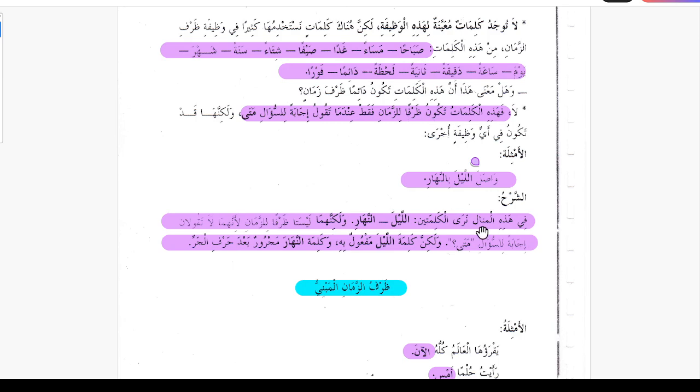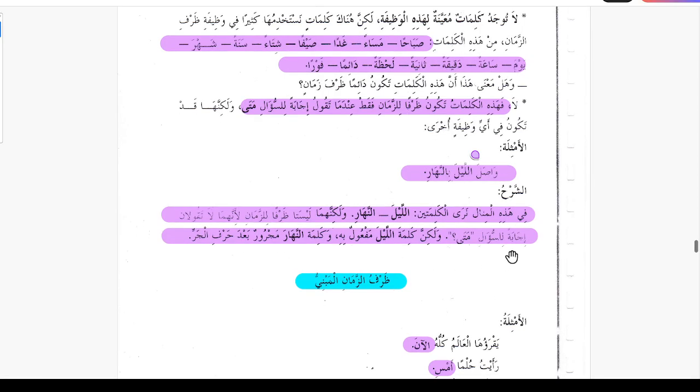"Fi hadhihi al-mithali", in this example, we see two words, al-layl and an-nahar. "Walakinnahuma laysa zarfan li-zamani", but both of them are not the adverb of time, "li'annahuma la tujibani", because they both don't give the answer to the question mata, when that happened.